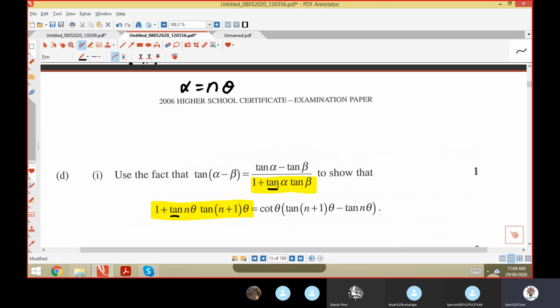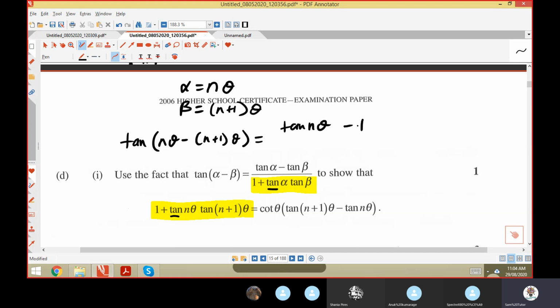It's the angle. What is beta equal to? N plus 1 theta. That's it. Now you just sub it in. Tan of n theta minus n plus 1 theta equals tan n theta minus tan n plus 1 theta over 1 plus tan n theta tan n plus 1 theta.